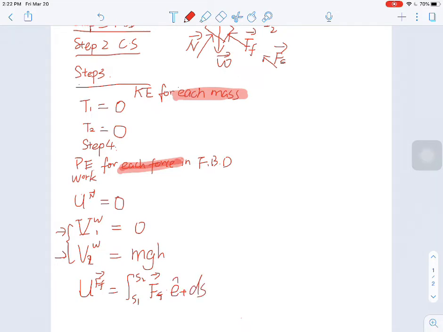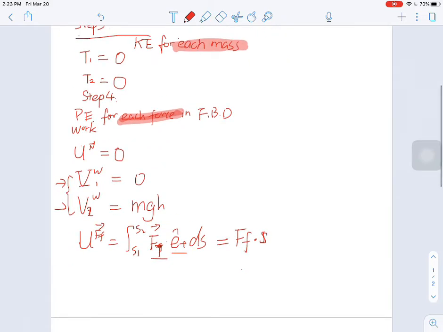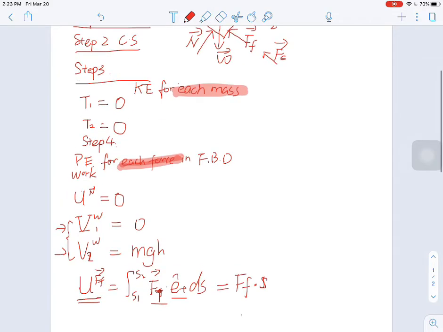Because in this case the friction force is constant and in the same direction as the motion, you can simplify this whole thing as FF times S, which is the path length this block traveled on the slope. So that's the work done by the friction, the non-conservative force.